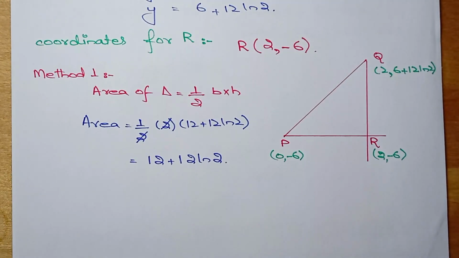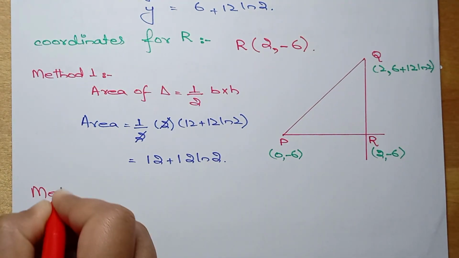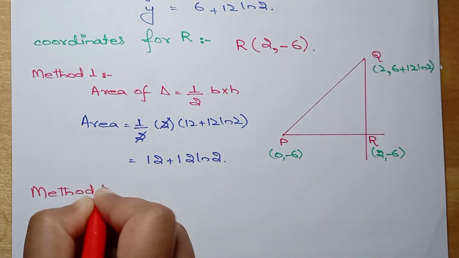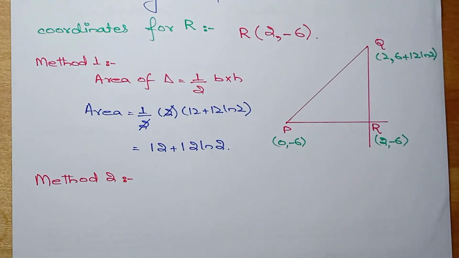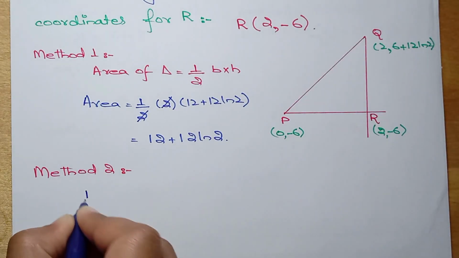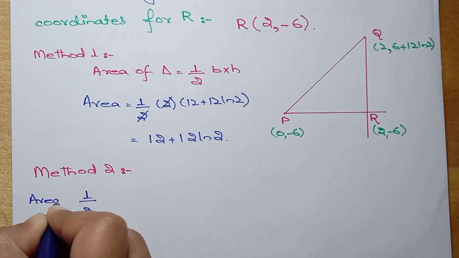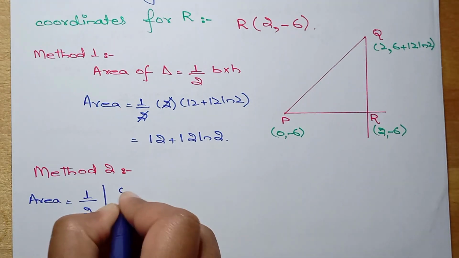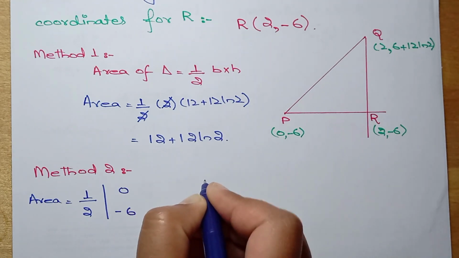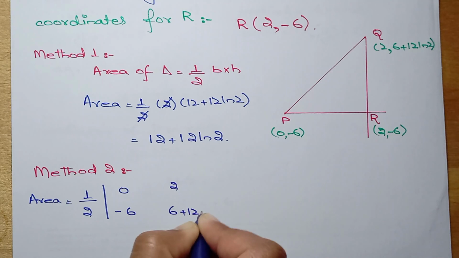Now let me use a second method, the determinant method. You can use any method to find the area. For the second method, area is half of a determinant. First we need to write the coordinates for P, that is 0 and -6. The coordinates of Q, that is 2 and 6 plus 12 ln 2.